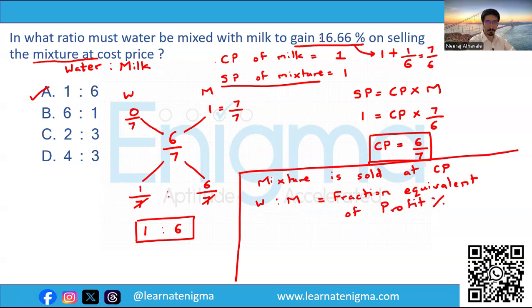So you can see the profit percentage is 16.66. The fraction equivalent of that is 1 is to 6. So we get the water to milk ratio as 1 is to 6. So this is a shortcut trick. You can use it directly.